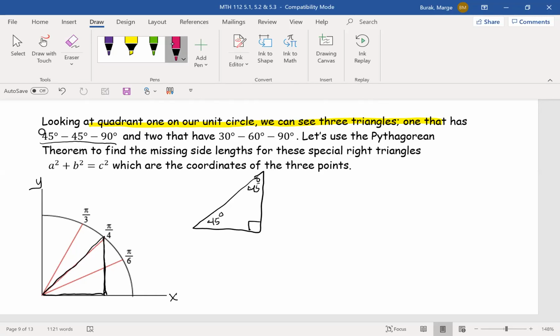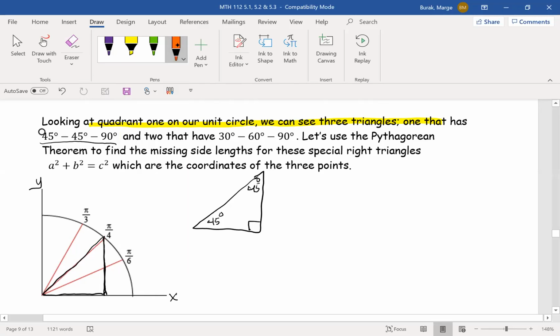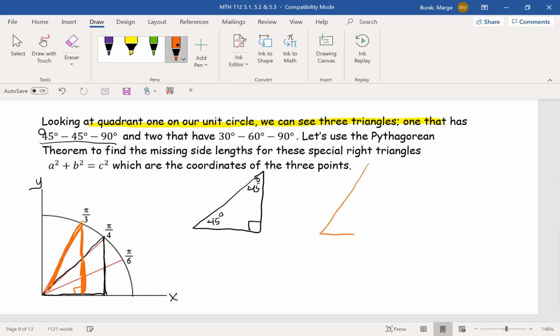And then the other 2 triangles are actually the same triangle. Let's look at this pi over 3 right here. If I drop that straight down to a 90 degree, then I have this, because pi over 3 is 60 degrees, that's right here. And then this guy up here would have to be 30 degrees.